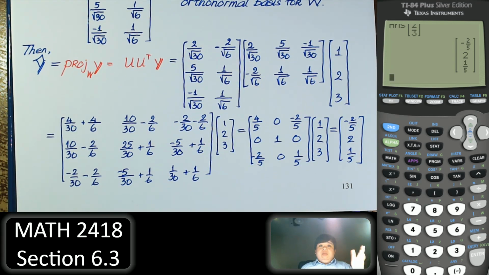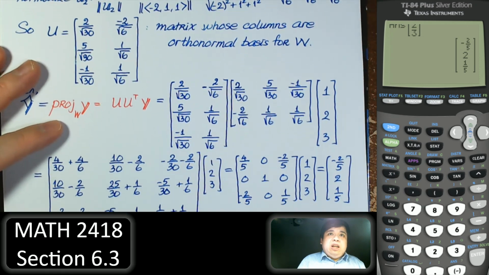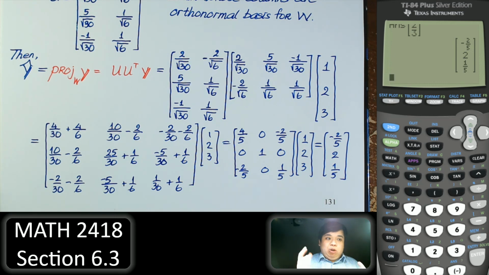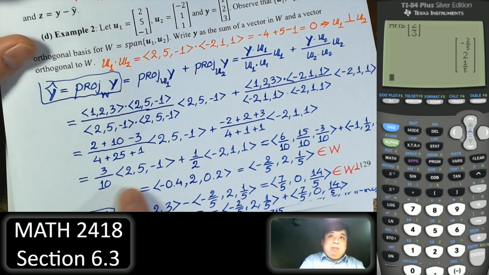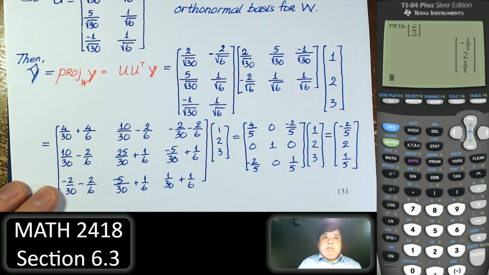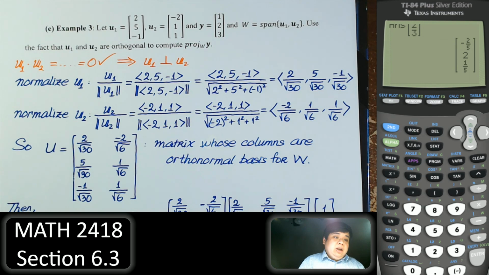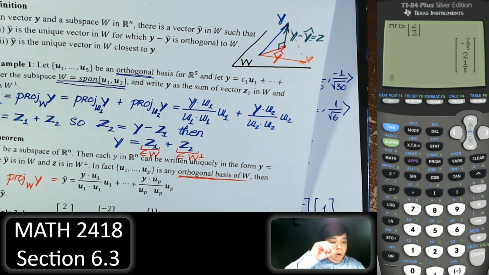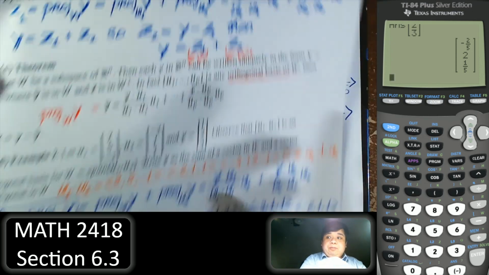So this is another type of calculation. You might say, well, that sounds like a lot of work. But in terms of calculation, if we have to program something with a bunch of vectors, doing this by hand is not as efficient as just entering the matrix in this form. So once again, there are two ways to compute the projection of y onto W. Knowing all the orthogonal basis of W, one way is doing that.